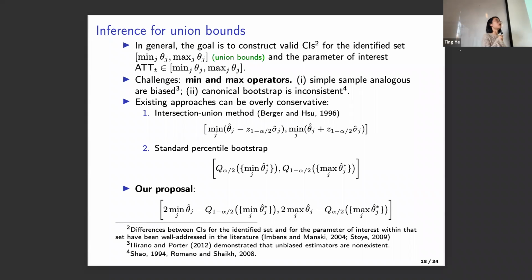For example, if the parallel trends assumption holds, then basically all these theta j will be equal to the treatment effect, right? Because theta j is a part of the signal, so it is a fixed value.